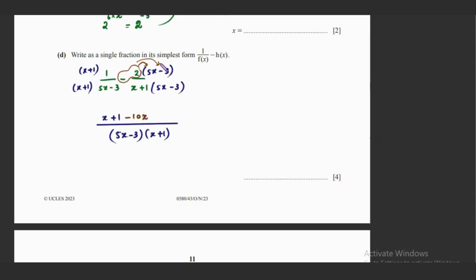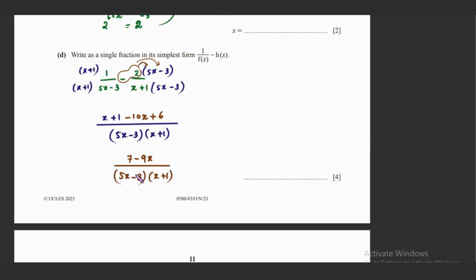And then I have minus 2 times minus 3, which is plus 6. Now I'm going to simplify the numerator. So I have 1 and 6, that is 7. And then x and minus 10x, which is minus 9x. This is over the two factors that we have here, which is 5x minus 3 and x plus 1. This is what we get.